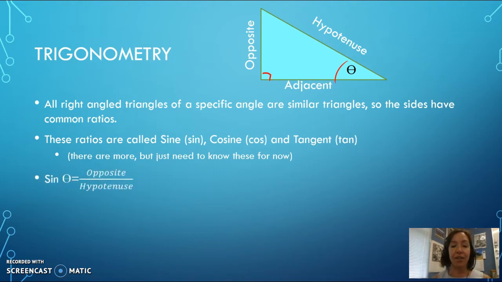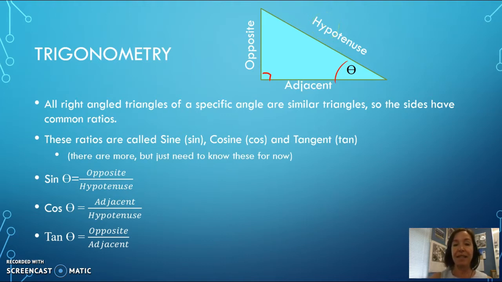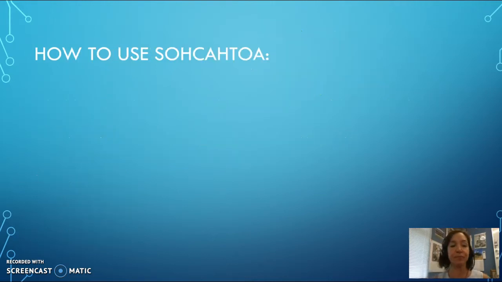Sine theta is the opposite side divided by the hypotenuse. Cos of theta is the adjacent side divided by the hypotenuse, and tan of theta is the opposite side divided by the adjacent side. You need to know those ratios.